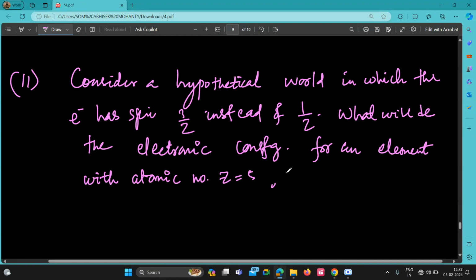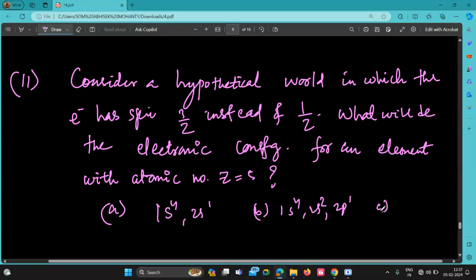Consider a hypothetical world in which the electron has spin 3 by 2 instead of 1 by 2. Options: A, 1s4, 2s1. B, 1s4, 2s2, 2p1. C, 1s5. D, 1s3, 2s1, 2p1.